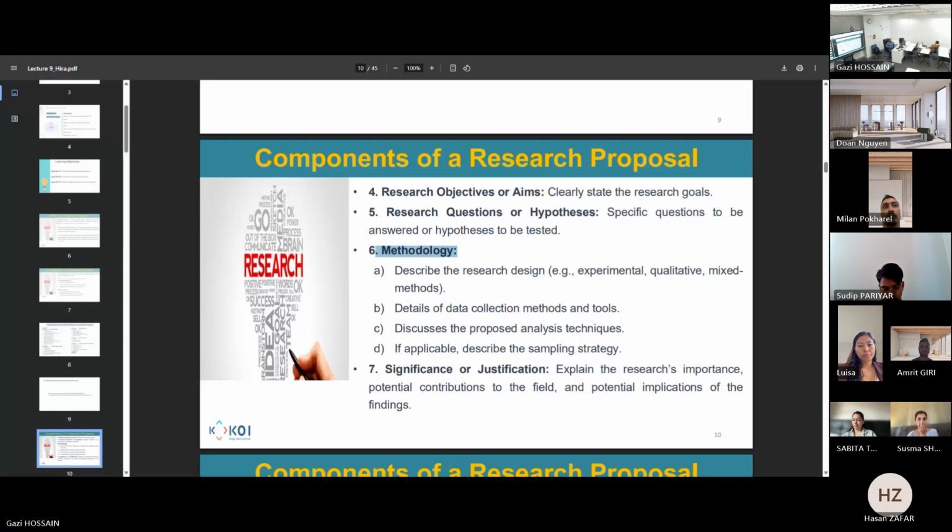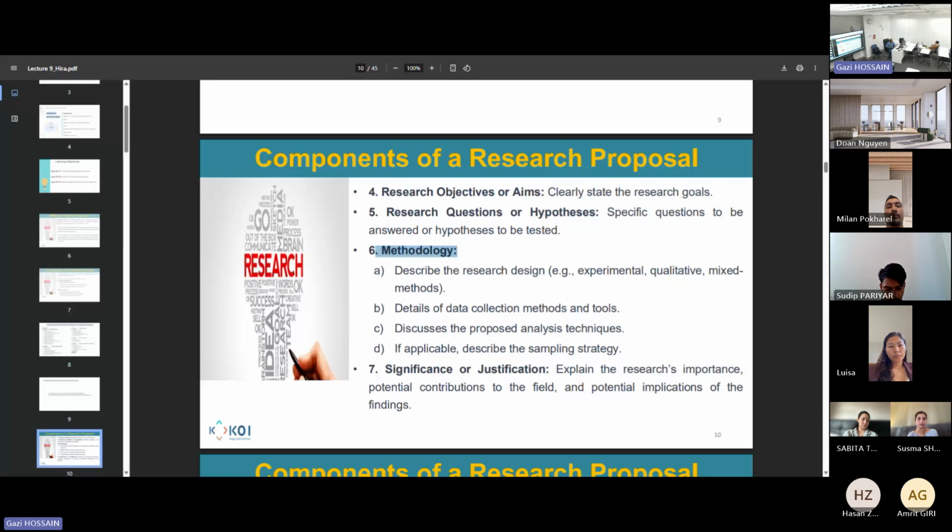Sometimes we can do case study analysis. But if it is quantitative data, then we'll be using statistical analysis. Because it is quantity, they are numbers.